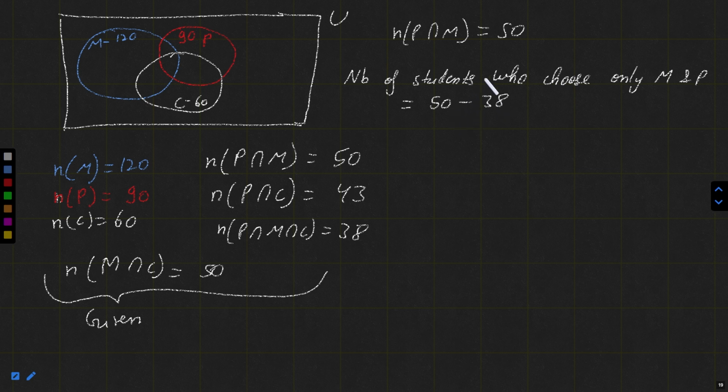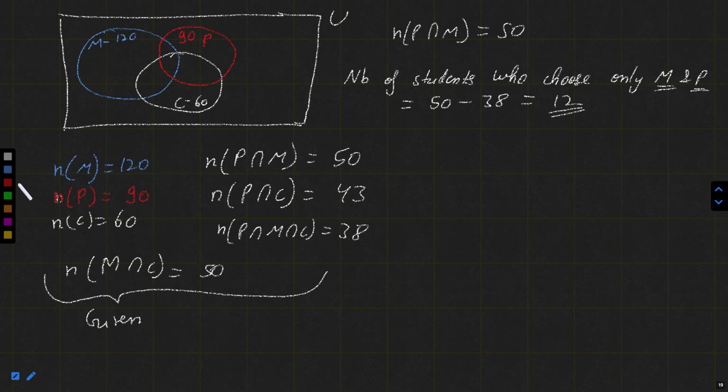We have eliminated those students who have physics, math and chemistry as their subjects. Out of 50, some of the students may be having physics, math and chemistry as well, so I eliminate the students who have chemistry as their subject. So the answer is 12. These 12 students only have math and physics as their subjects, only math and physics.